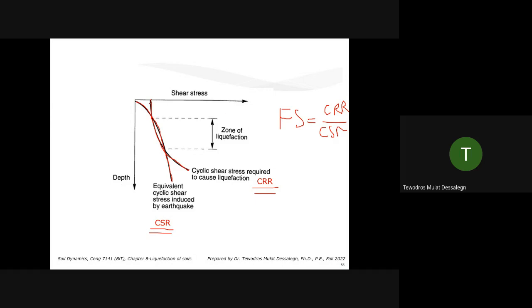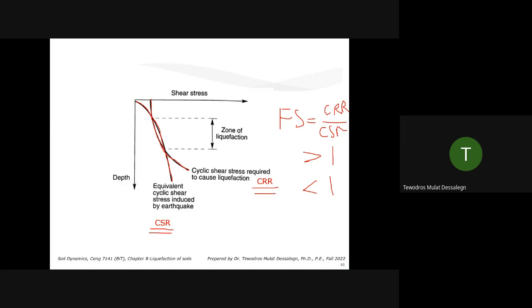If the capacity of the soil is larger, do we expect liquefaction? If the factor of safety is more than 1, do we expect liquefaction? No, the soil is stronger than the stresses caused by seismic, so we don't expect liquefaction. So for liquefaction to occur, the factor of safety should be less than 1. You don't want this factor of safety to be less than 1.